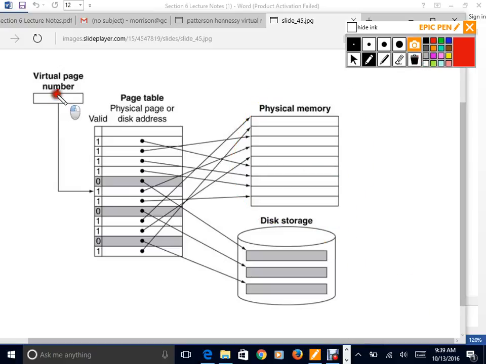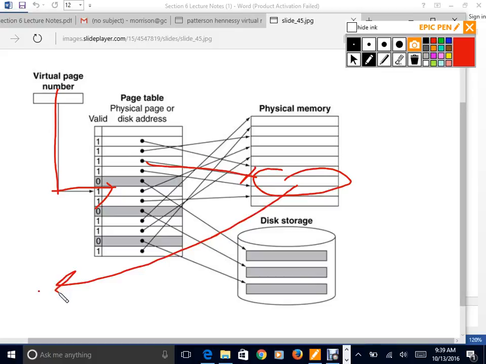What's going to happen is a virtual page number would go to the page table, look up the location in physical memory, and then if I wanted this page, I could swap it into the cache hierarchy and then put the local registers I need into the data path. So virtual memory isn't really a physical thing, it's just a concept of using the physical. Correct, that's exactly right. Virtual memory is a concept.